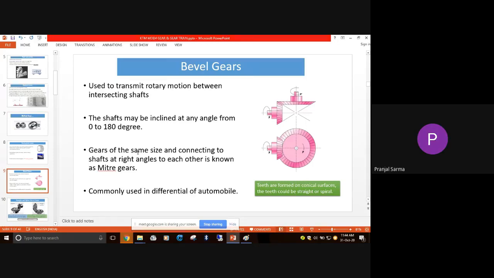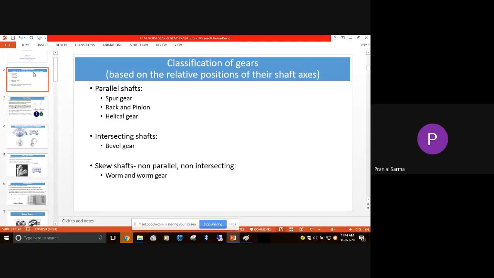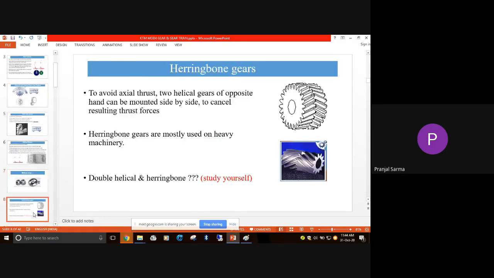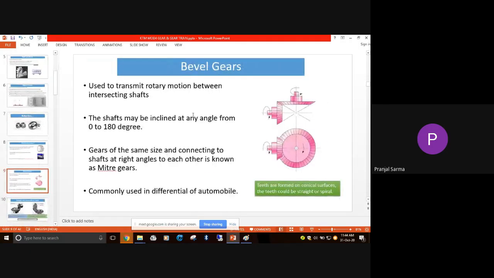Next, we have done these discussions with respect to parallel shafts. Now we'll talk about how motion can be transferred between intersecting shafts. For that, we have a very good arrangement known as the bevel gears. So what is a bevel gear, and why is it used? Bevel gears are used to transmit rotary motion between intersecting shafts.